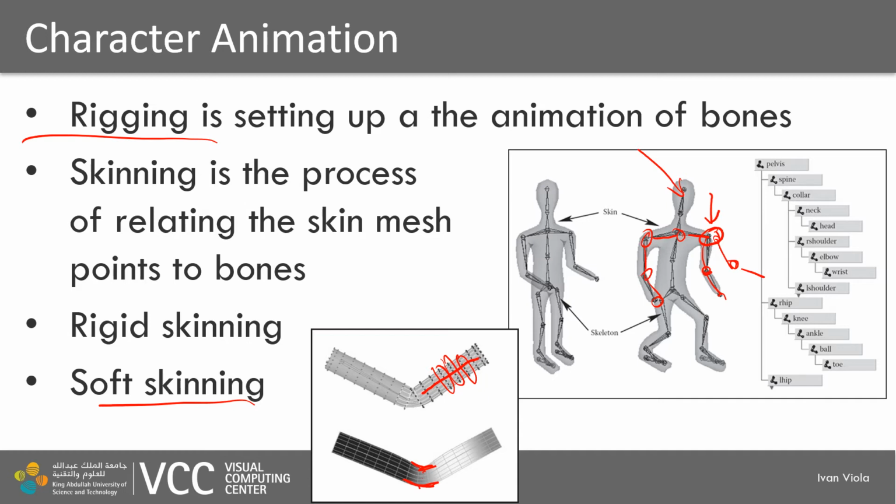And the motion of the skin will then be a linear interpolation between these two bones. We can see this transition here, where there is a smooth transition from one bone to another one. And in this intermediate stage, there will be an influence of both bones on the skin.